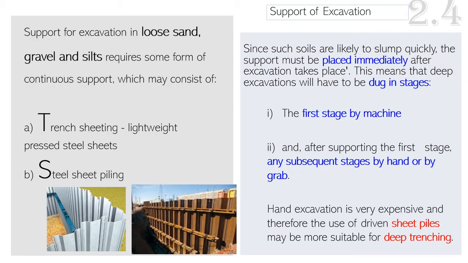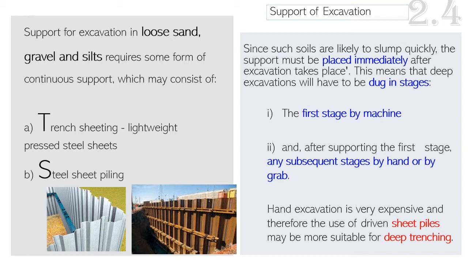Support for excavation in loose sand, gravel and silt requires some form of continuous support, which may consist of trench sheeting, which is lightweight pressed steel sheets, and another one is steel sheet piling. Since such soils are likely to slump quickly, the support must be placed immediately after excavation takes place. This means that the deep excavation will have to be dug in stages.